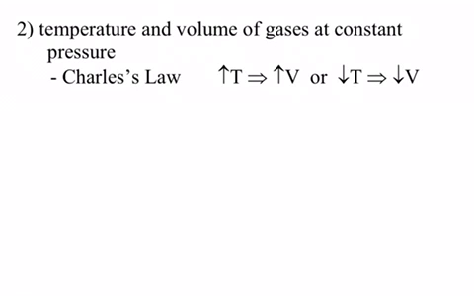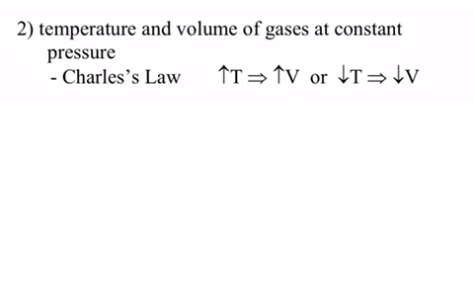Now, when we get to Charles' Law, notice that the constant here is going to be pressure. Here, the relationship is between temperature and volume, and it's a directly proportional relationship. As you increase the temperature, the molecules start to move quicker, but what happens to the container as a result is it expands.